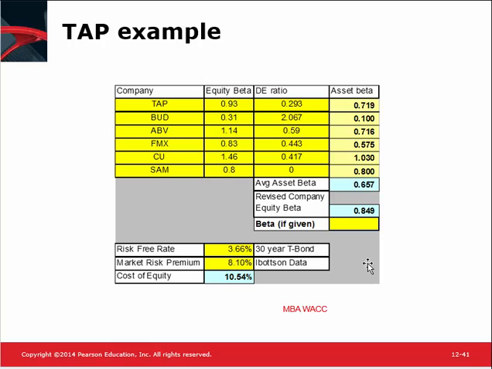In the end, we revised the company equity beta to 0.849. The risk-free rate was 3.6. The market risk premium was 8.1. So in the end, the cost of equity is 10.54%.